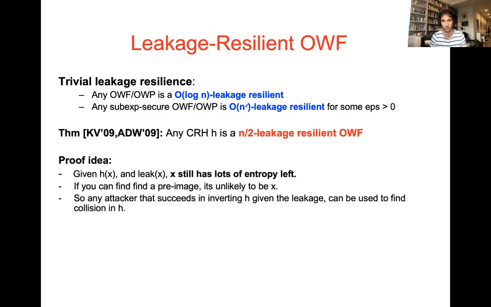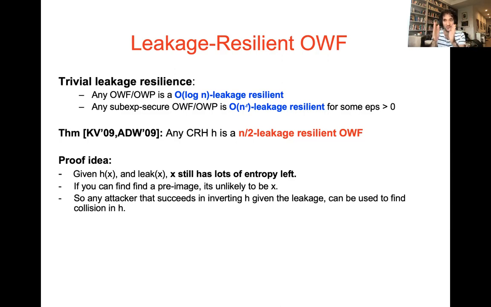Let me briefly recall the proof idea because it will guide us towards the problems that we're going to be looking at. So consider some hash function that's very compressing and is also collision resistant. Now, the key observation is that if I give you h of x, since h is so compressing, and you take a long string x and compress it to something small, given h of x, x still has a lot of entropy left in it.